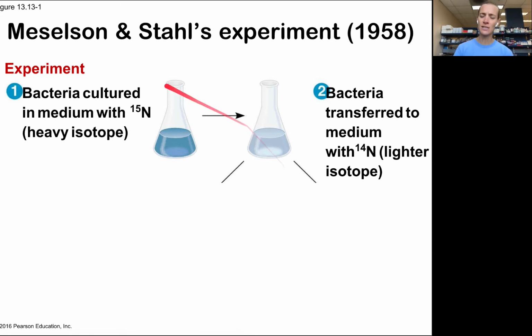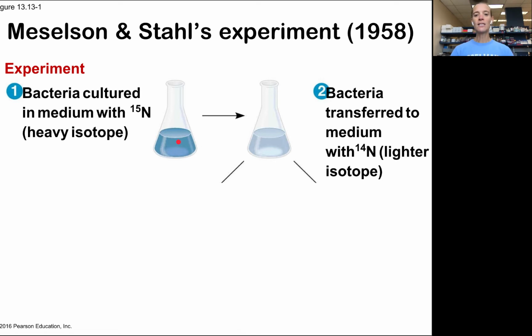Meselson and Stahl cultured bacteria, which are living organisms that multiply super rapidly and are very easy to culture, so it was a way for them to have a fast-going experiment.